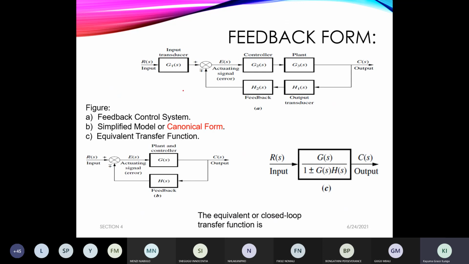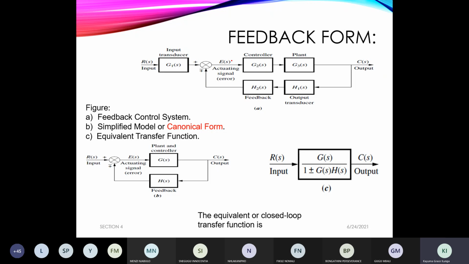Remember, there is something that I also want to talk about at this point. If you see this first block diagram, we have our input, and we have the E(s). This E(s) is an error, or in another way, it can be called the actuating signal.